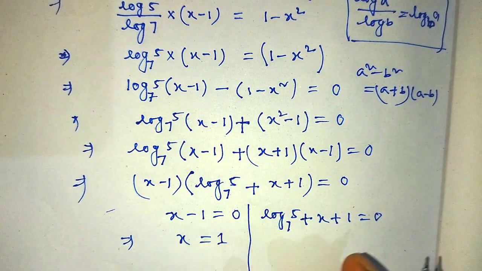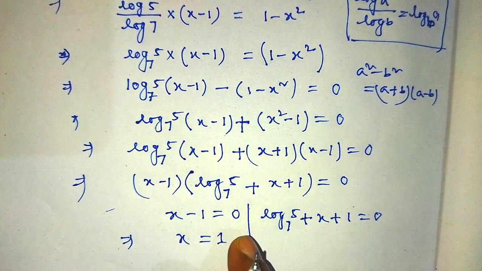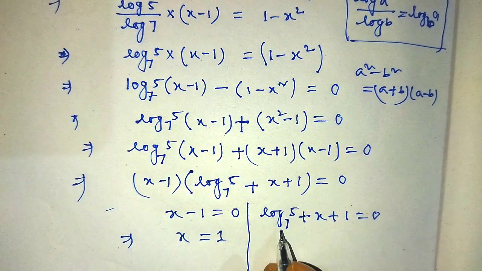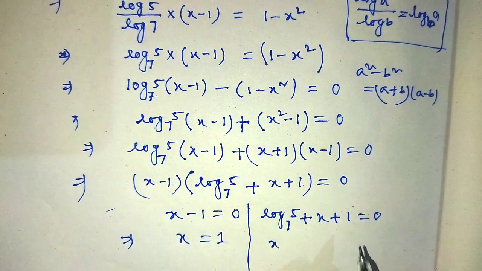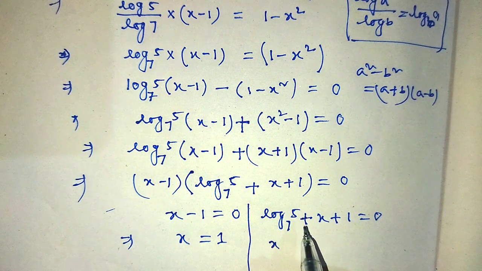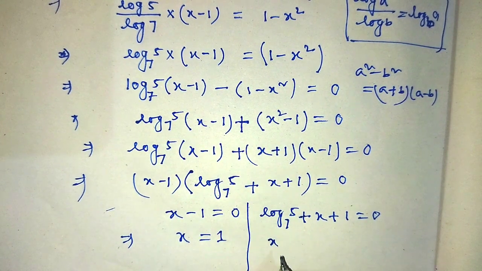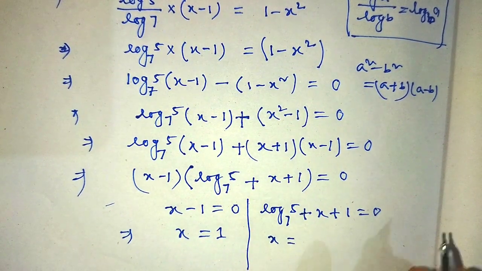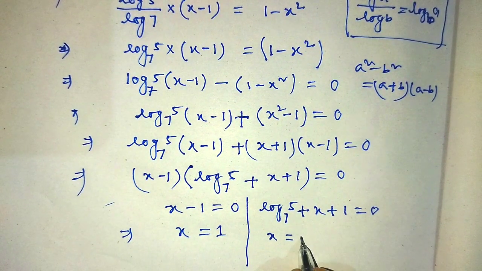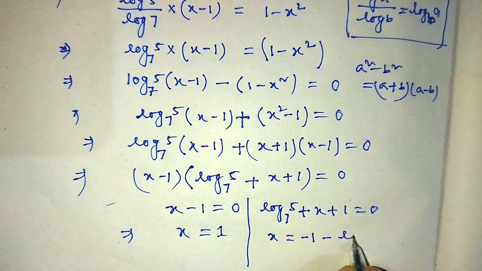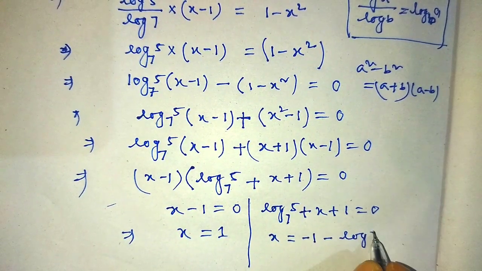The value of x will be 1. Again we transpose log of 5 to the base 7 and 1 from the left hand side to the right hand side, so x is equal to minus 1 minus log of 5 to the base 7.